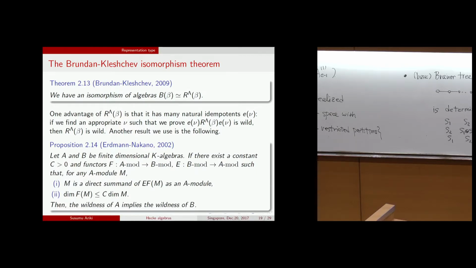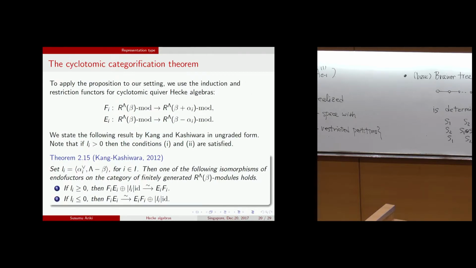So now we would like to apply this to our setting of cyclotomic Khovanov-Lauda-Rouquier algebras. And here we need the categorification theorem proved by Kang and Kashiwara.